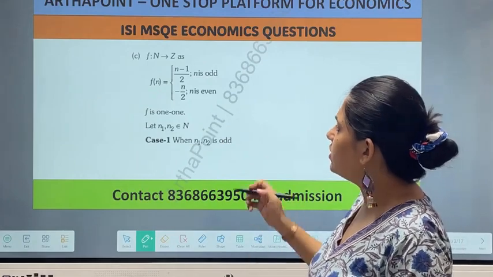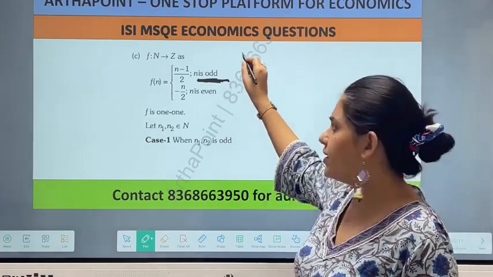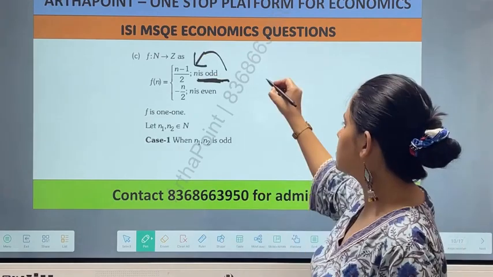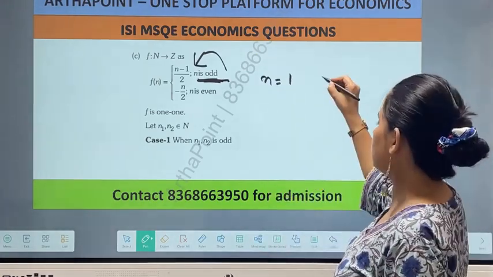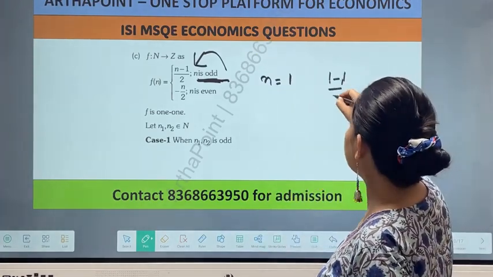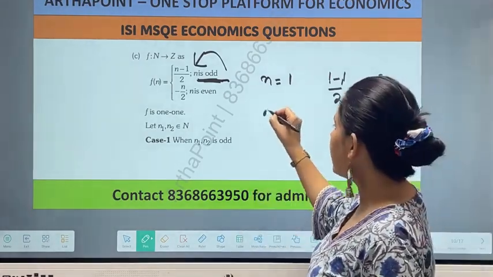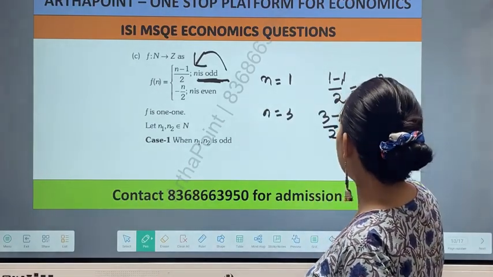Like I put n as 1. Then I will get 1 minus 1 by 2. That means I will get 0. When I put n as 3, I will get 3 minus 1 by 2. 2 by 2, that means 1. I put different n's and I will get different functional values attached to it.